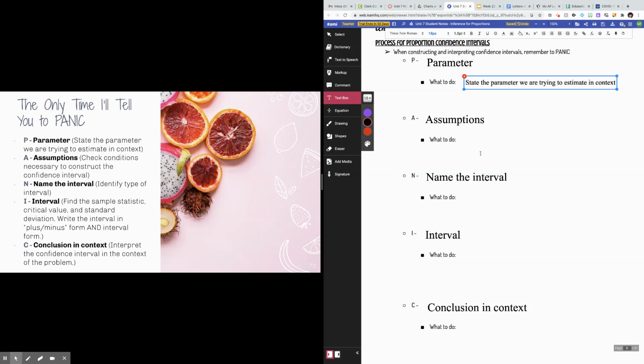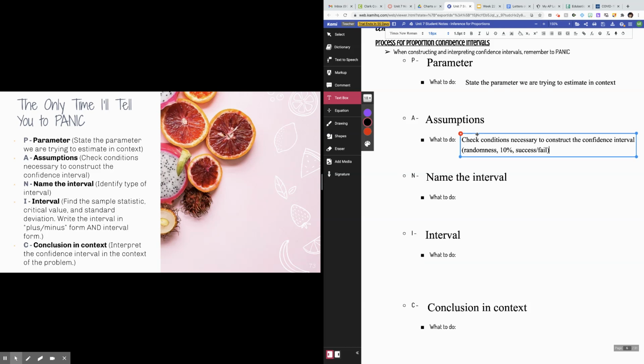Okay, your assumptions are your conditions, right? So what you do at this step is check the conditions necessary to construct the confidence interval. Okay, so those are your three conditions: the randomness, 10%, and success fail.